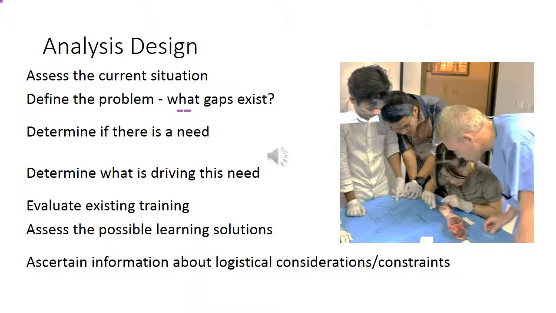This has to be incorporated into the work-based and workplace environment, and it has to be easily accessible. And once the learning content has been designed and deployed, it must be evaluated to ensure the effectiveness of the learning program.